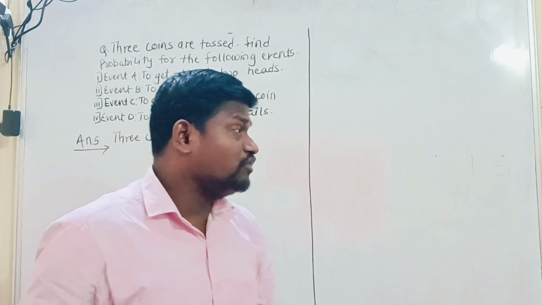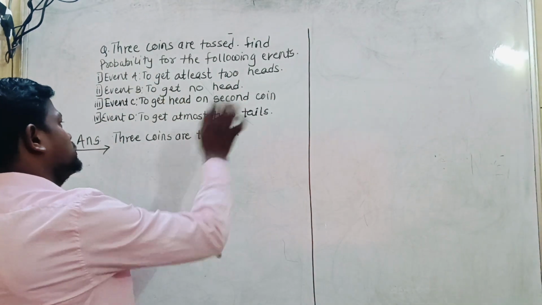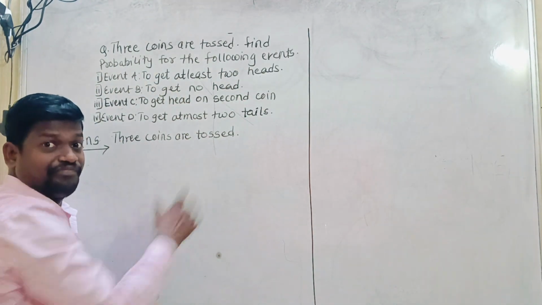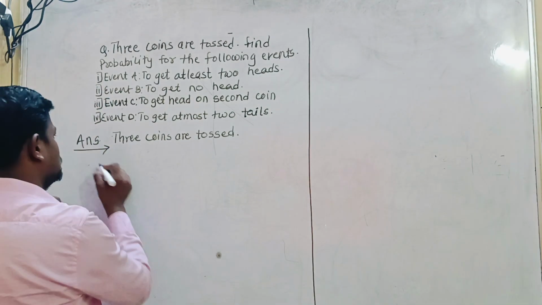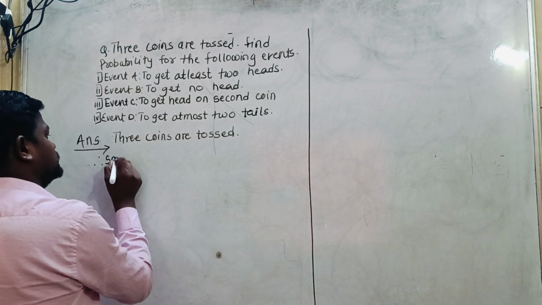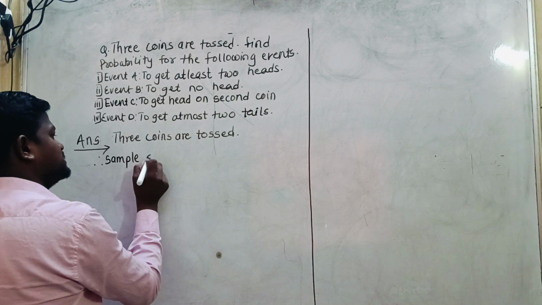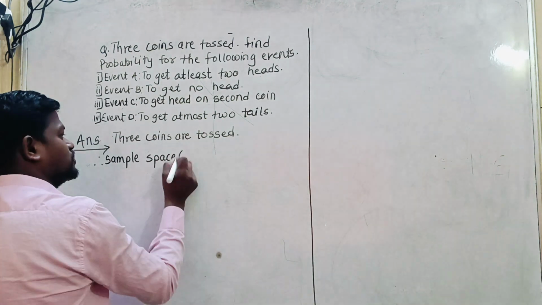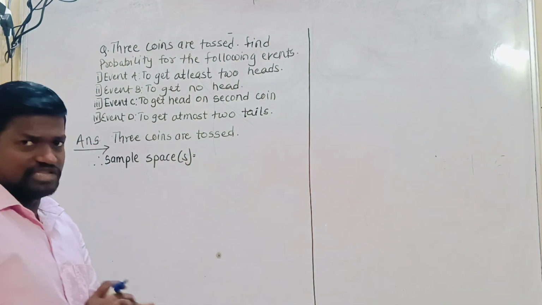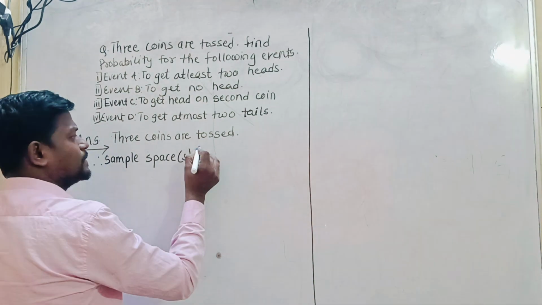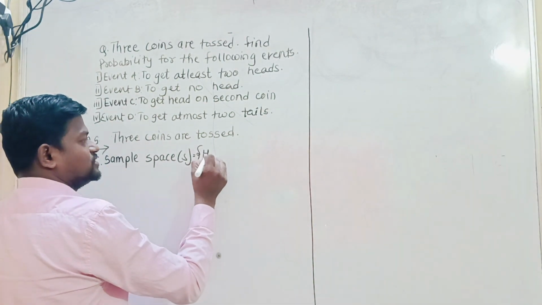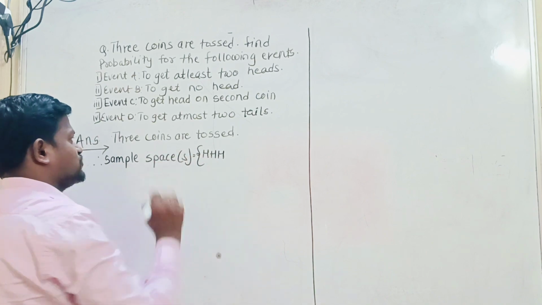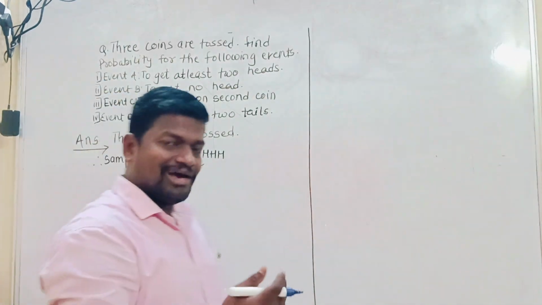So first we write down that three coins are tossed, then we have to write down the sample space for three coins that we discussed earlier.